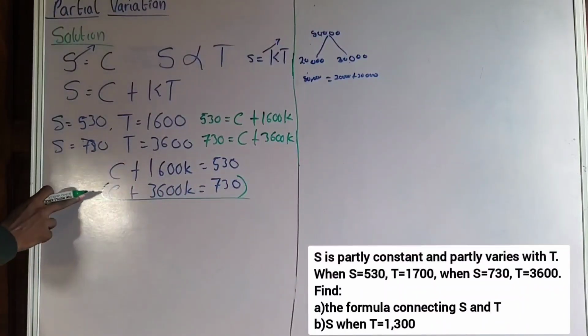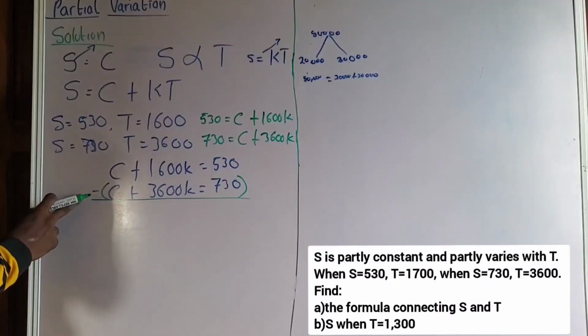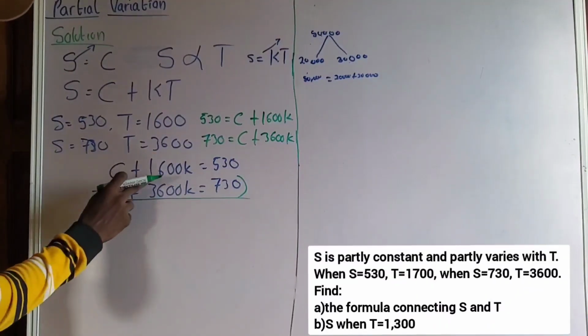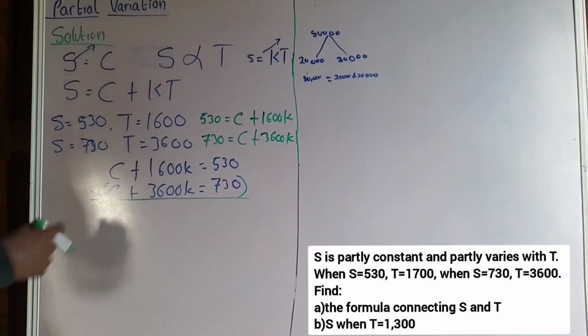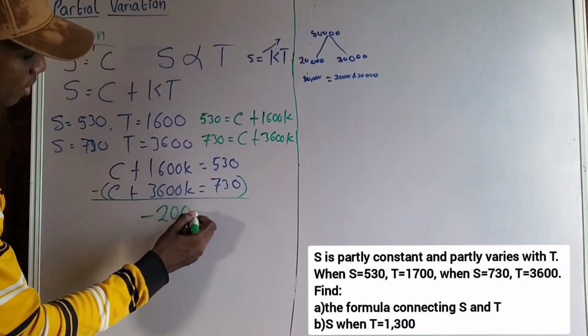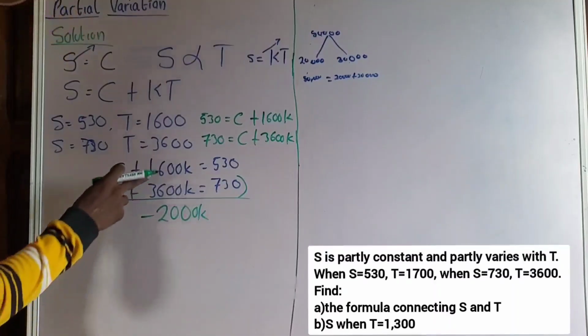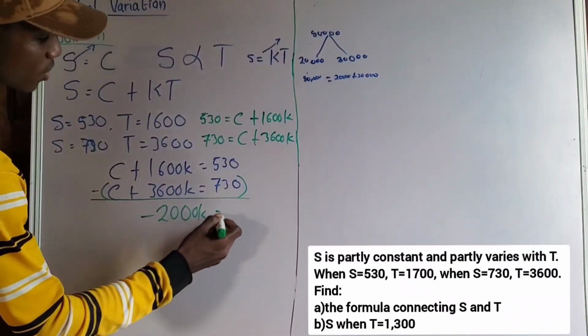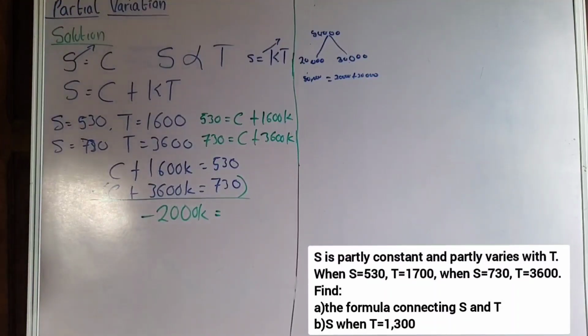So C minus C is what? 0, right? I want to eliminate C. C minus C is 0. 1600 minus 3600, that is what? Minus 2000K. 1600K minus 3600K is minus 2000K, equals 530 minus 730, that is minus 200.